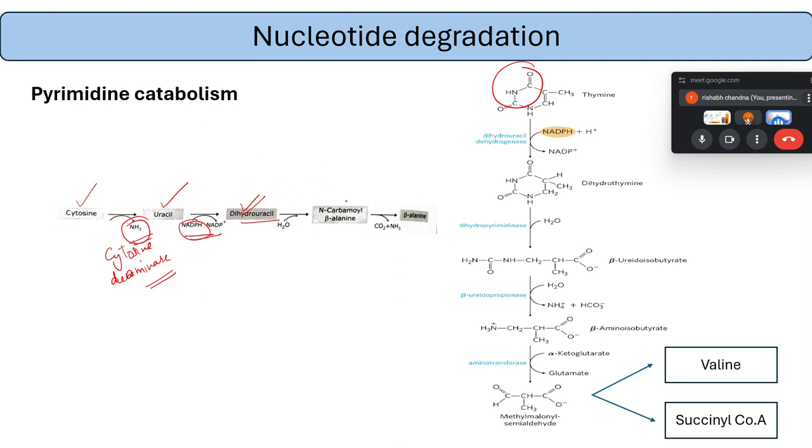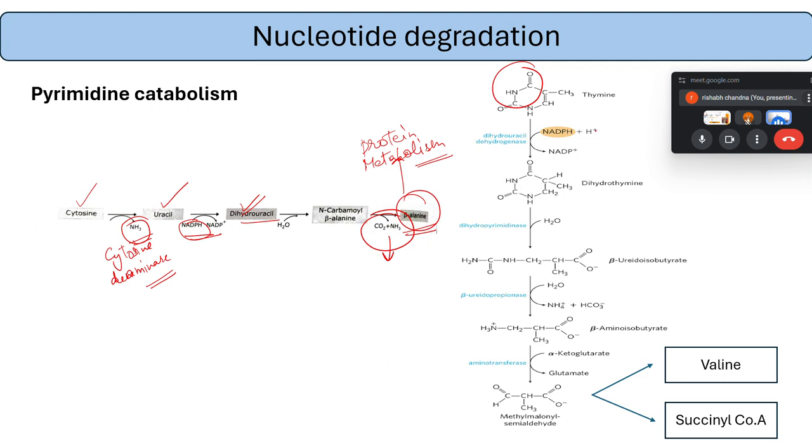Then N-carbamoyl beta-alanine is formed in this process, forming beta-alanine. That is basically used in protein metabolism. And here one molecule of carbon dioxide and ammonia are also released.